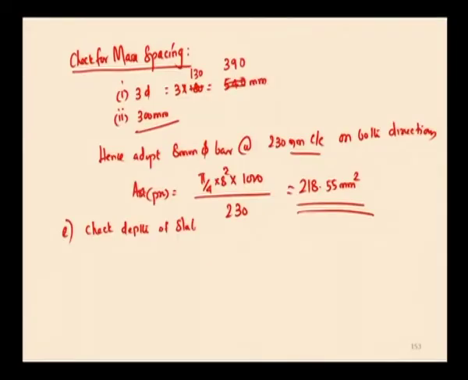Now, we need to check the thickness of the slab, that is the depth of the slab, against deflection, that is against serviceability. Here L by d ratio is equal to 20. This has to be modified by multiplying with the modification factor.